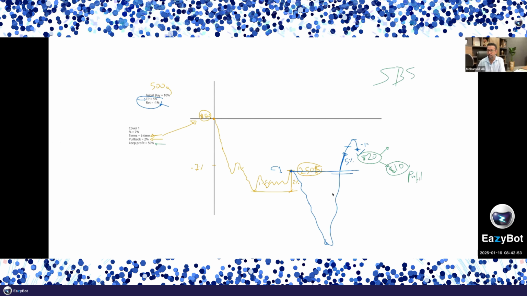The other 50%, which is again 10 USDT, is used in a virtual tank. The SBS works on the principle of a virtual tank. So this 10 USDT goes to this virtual tank. Now I have $10.